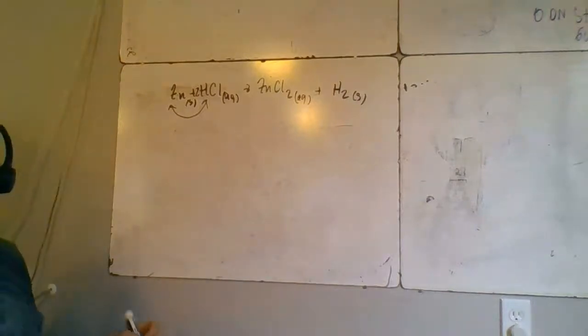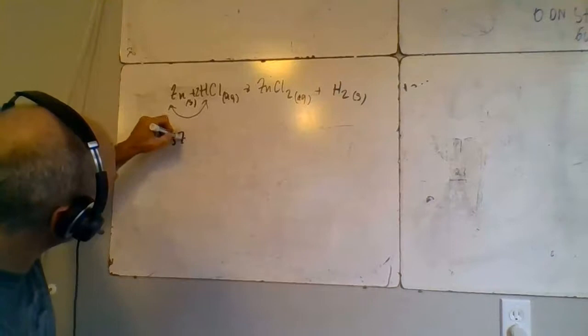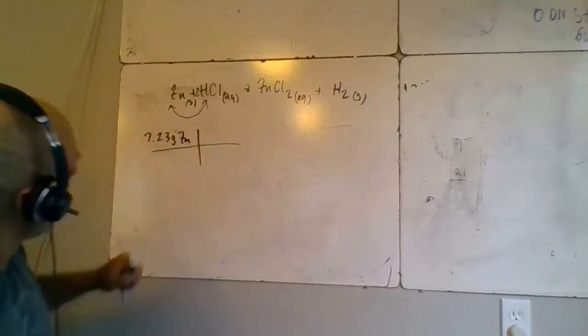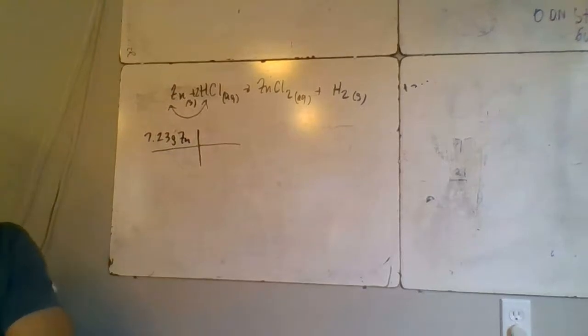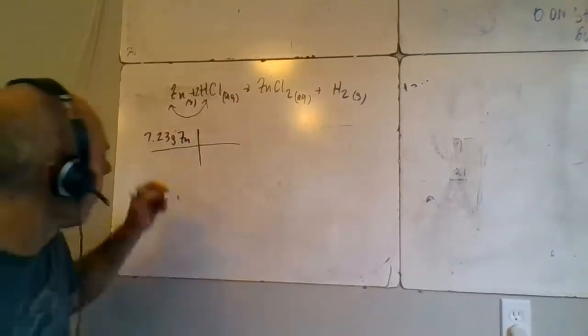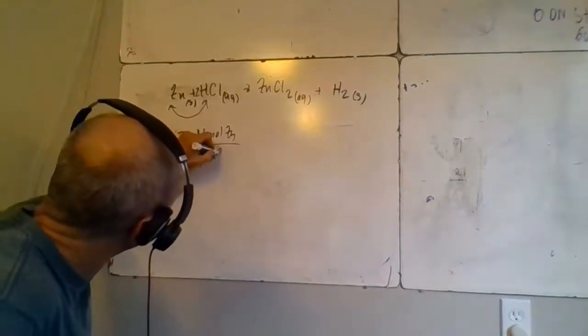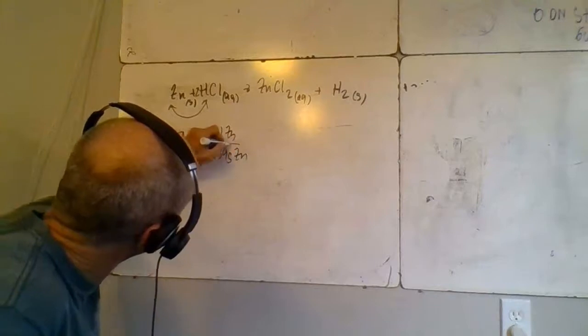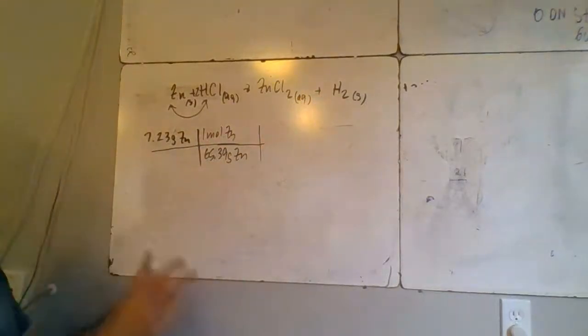So we'll now do our stoichiometry. We're going to take 7.23 grams of zinc. And first step is always to convert mass to moles. So I put 1 mole of zinc on top, and its molar mass of 65.39 grams on the bottom. I'm going to hydrogen gas because I was given the amount of hydrogen gas actually produced.